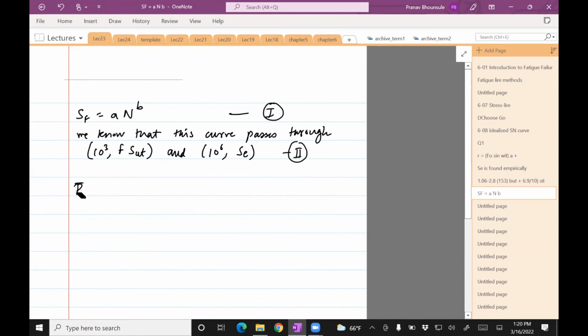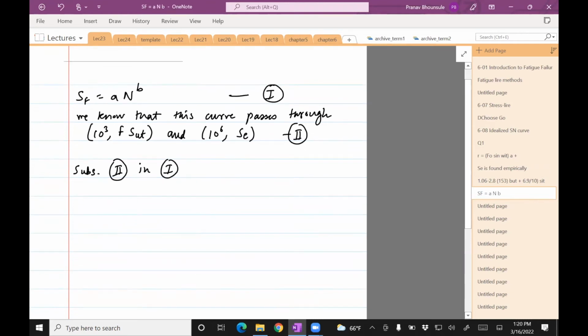So I'll substitute 2 in 1. If you do that substitution, then we have F times SUT equals A times 10 raised to 3B.